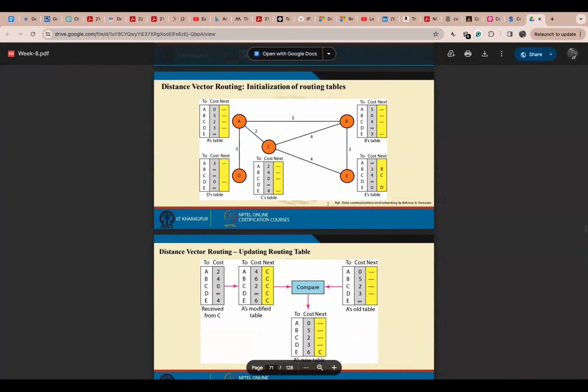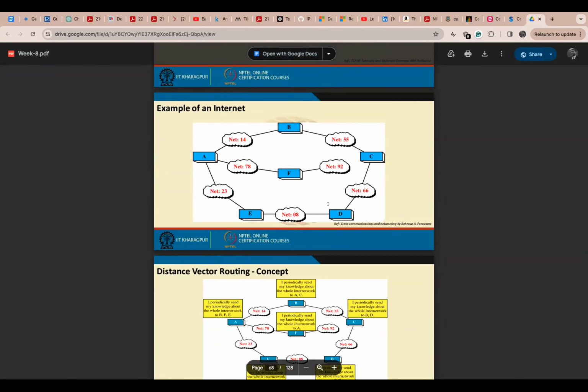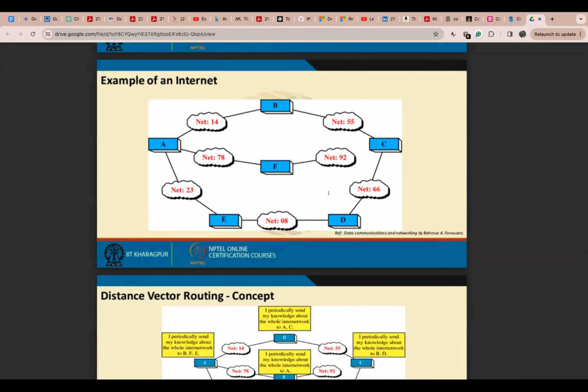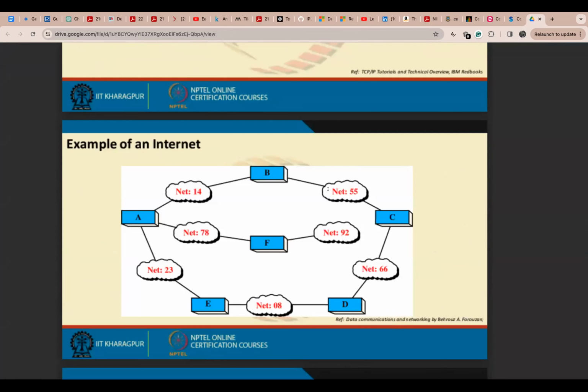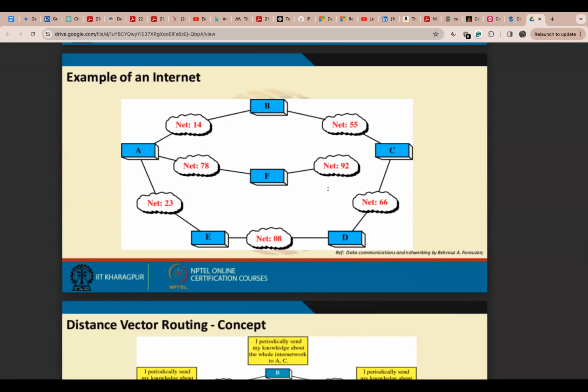So if you see this distance vector routing, first let's see this, then we'll go for link state routing. Let's say this is an example of the internet. Let's say the cost of transferring a file from A to B is 14, A to F is 78, and so on.